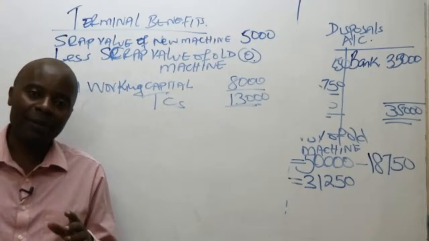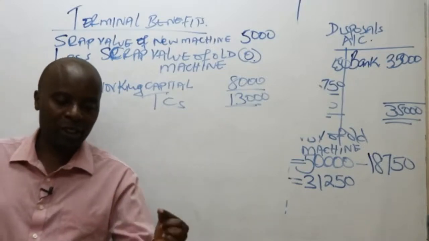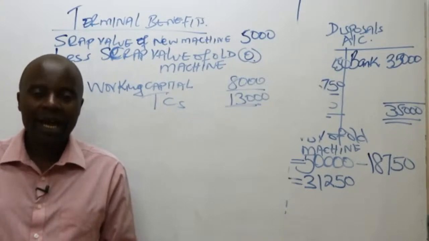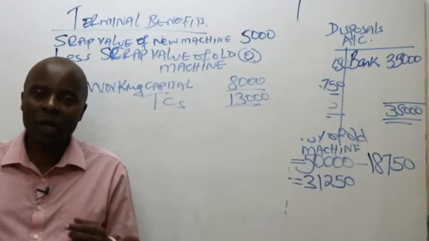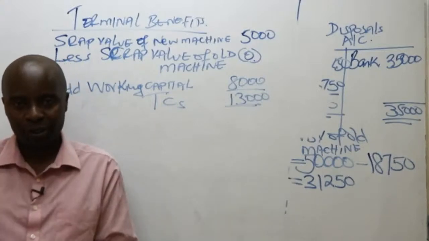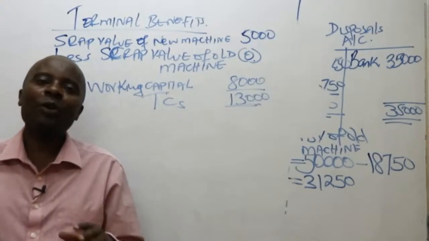Ladies and gentlemen, remember, when we start a project, what happens? You inject working capital into your business, right? And then when your business dies, what happens with working capital? It will be released back to you. There are no two ways about it.